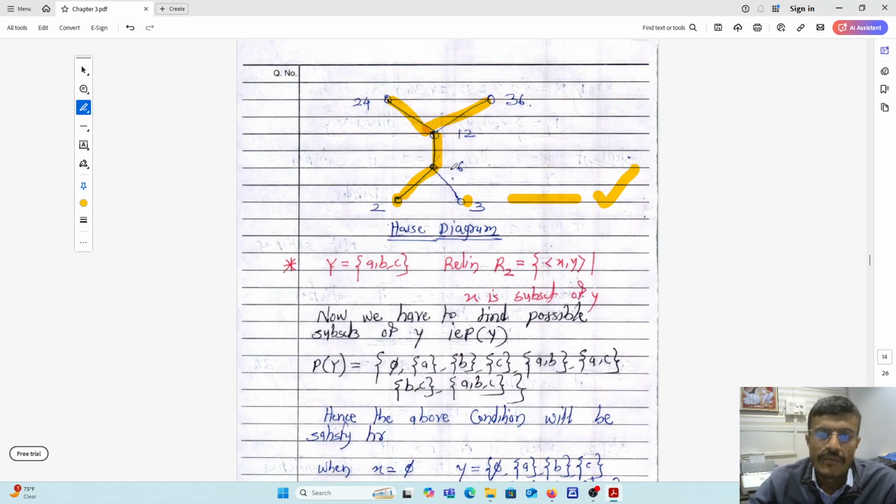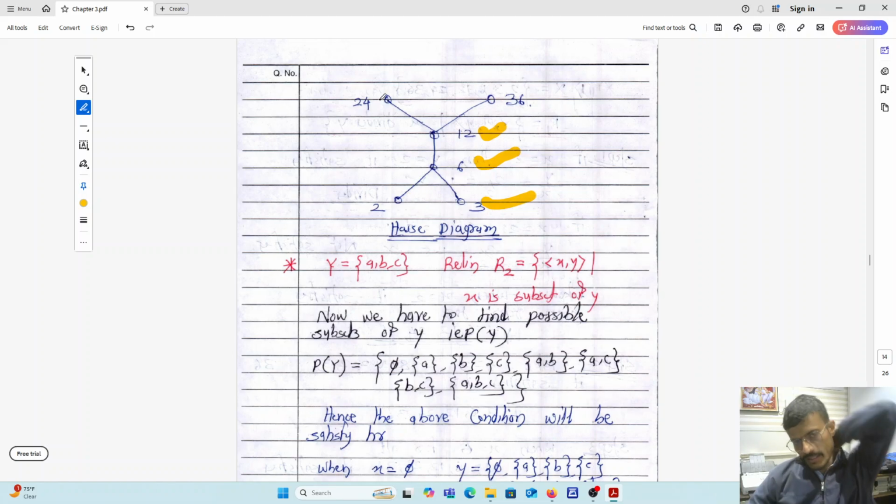Then 6, which is divisible by both 2 and 3, is placed at the next level. You can see here 2 and 3 at the same level, 6 at the next level, and 12 again at the next level. 12 separately divides 24 as well as 36, but 24 does not divide 36, that is why 36 is separated.